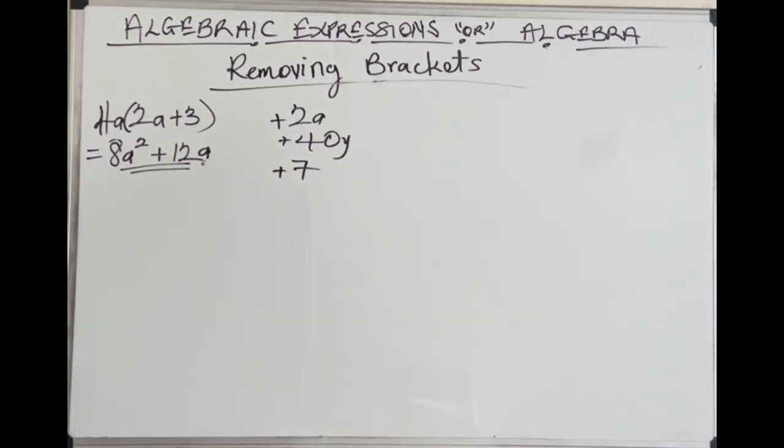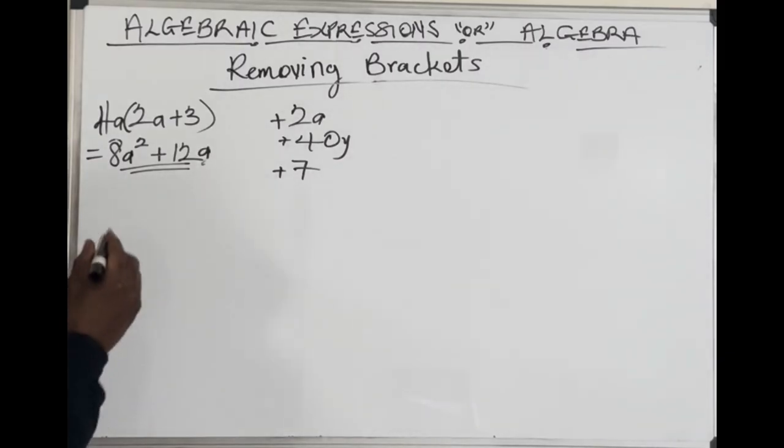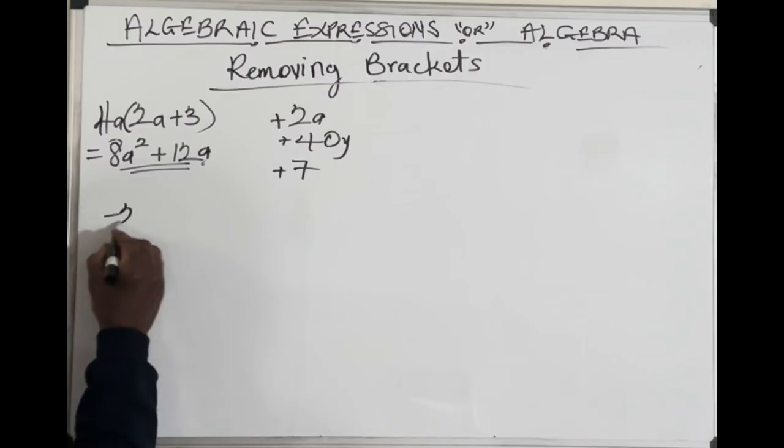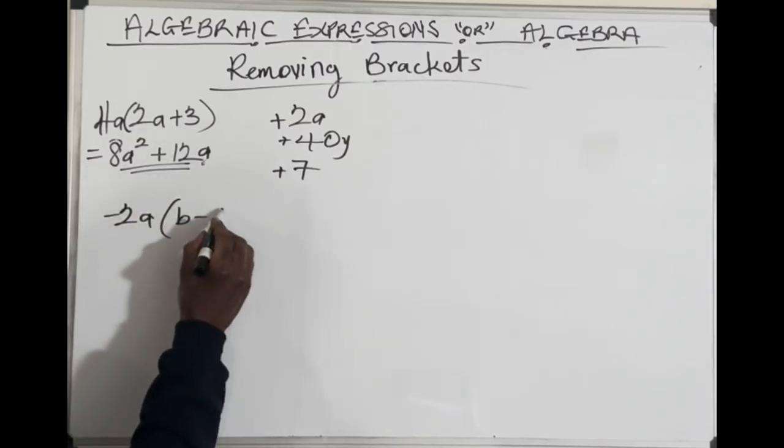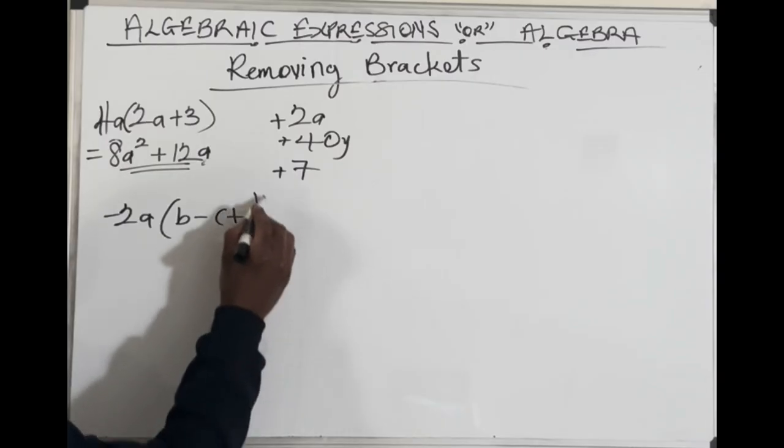All right. So when there is a negative sign in front of the brackets, the signs inside the brackets change when the brackets are removed. So let's see, we have an example like negative 2a times the bracket b minus c plus d.